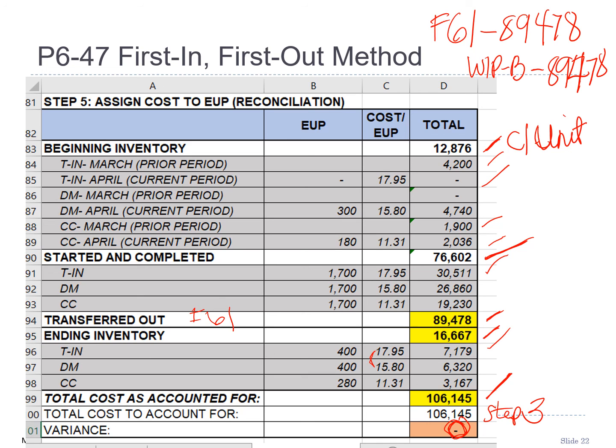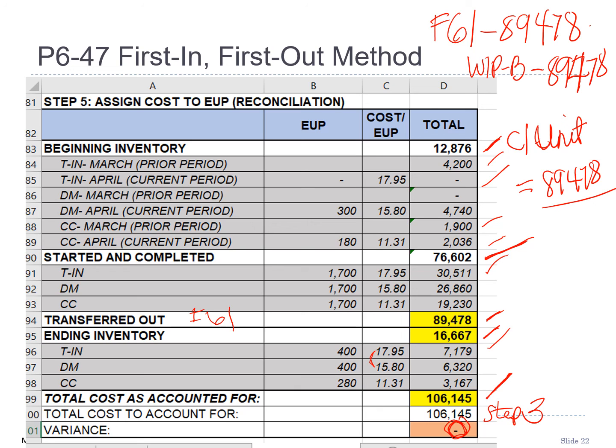So, pwede ko na ngayon makompute yung cost per unit, hindi cost per EUP, kasi finished goods na to eh. So, pag tinanong ka sa problem, kano yung cost per unit ng finished goods inventory mo? Eh di 89,478 lang. I-divide ko ng 17 plus 300 ba yan? 17 plus 3. Sorry, 2,000 pala.